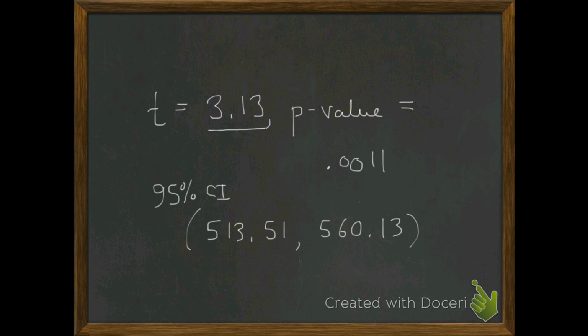The 95% confidence interval spanned from 513.51 to 560.13, validating that it appears that the students in this school district who graduated from high school do have a mean SAT higher than 500.